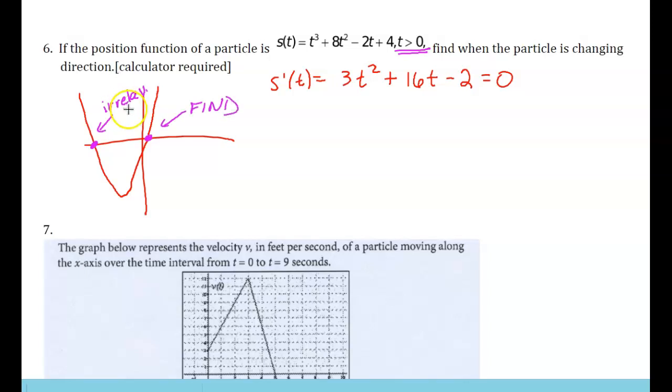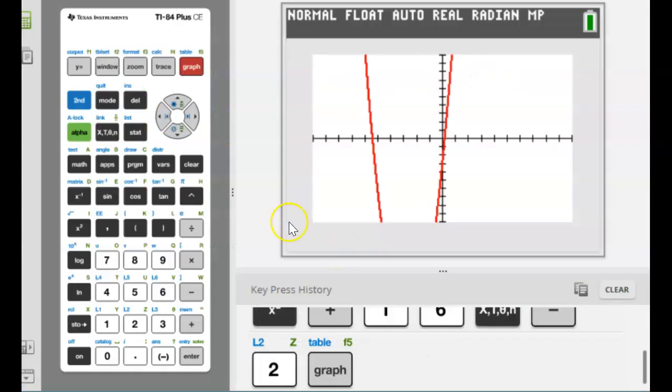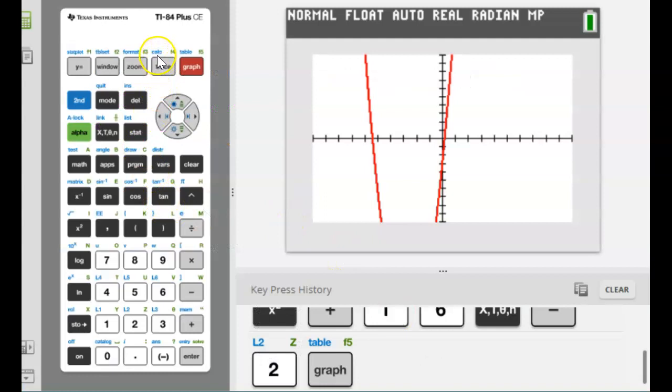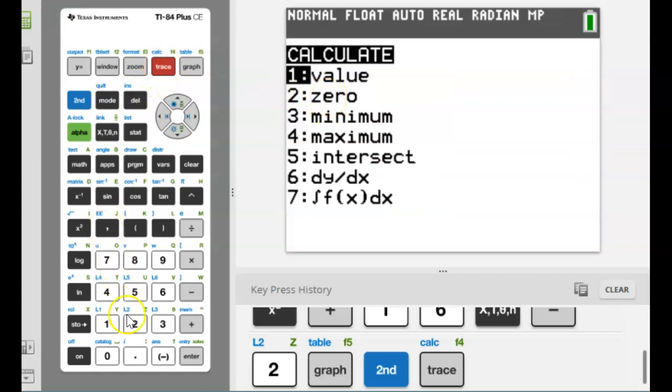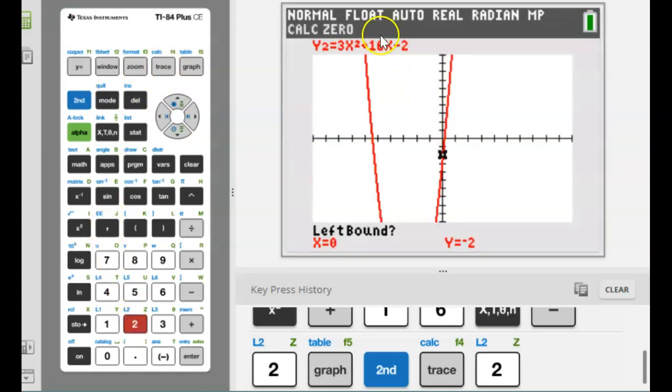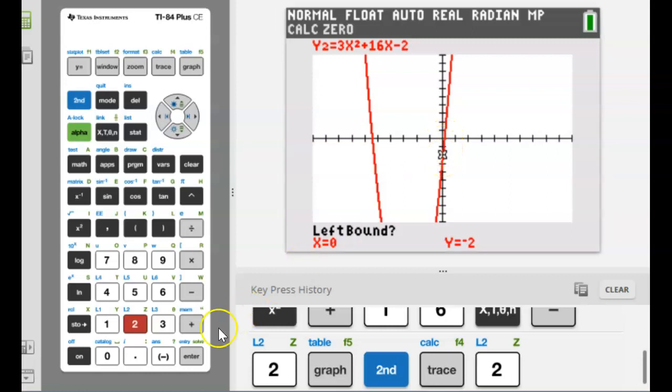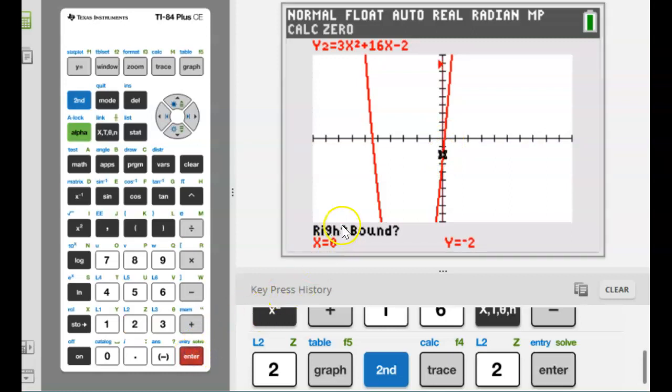So on your graphing calculator, we're going to do the calc button. So blue, calc, and we want 0. Okay, and now it should say left bound. So you move your cursor to the left of where you think the answer is, where we think it crosses. You hit enter. Then it's going to say right bound.